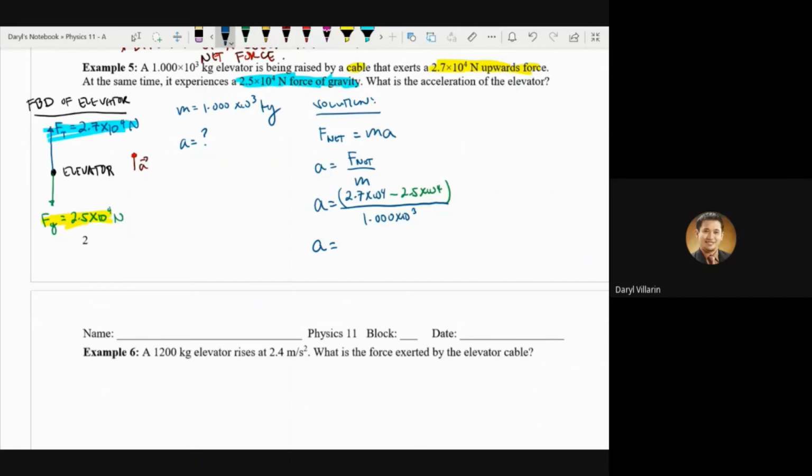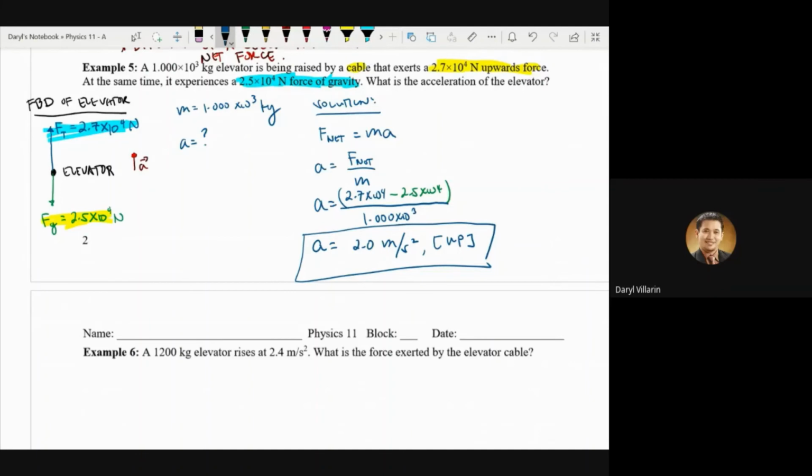Automatically, I would say that the acceleration would be in meters per second squared. Okay, so this would give me an answer of exactly 2.0, and then the direction is up.